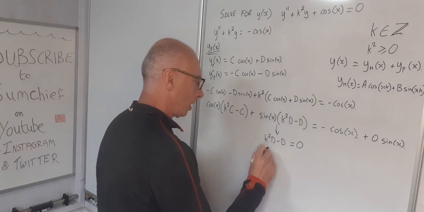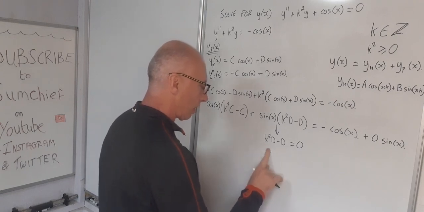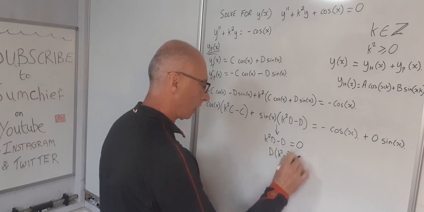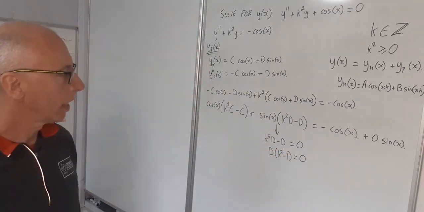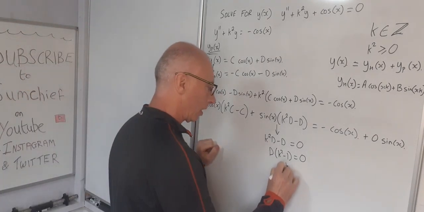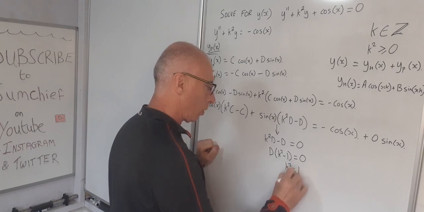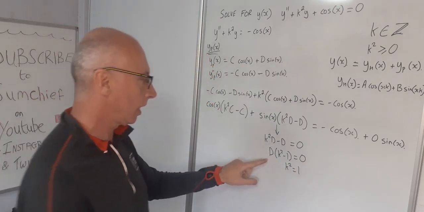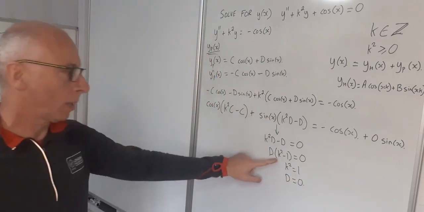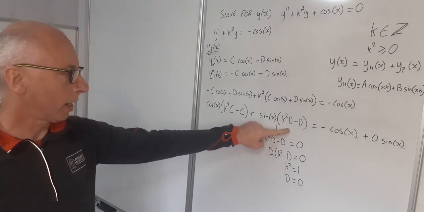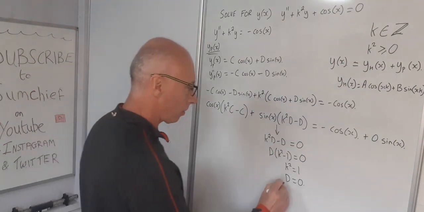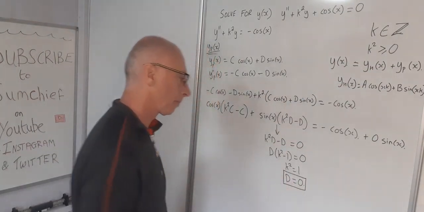So if I factor out the d, d times k squared minus 1 equals 0. So for that to equal 0, I've got k squared equals 1 or d equals 0. That's the only way that this is going to be 0 on this side. Well, my k squared equals 1? Well, k could be any value, it's an integer. So therefore my d must be 0.